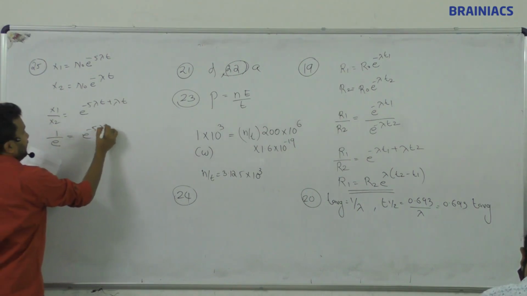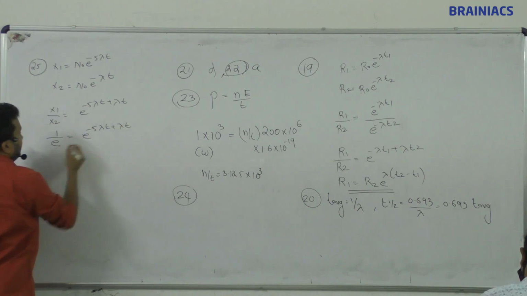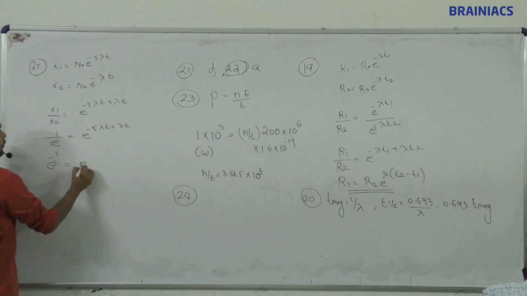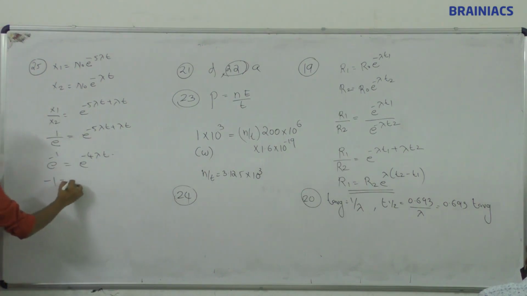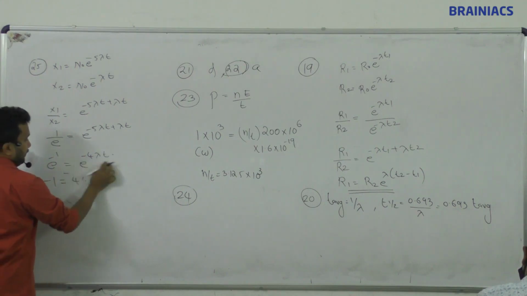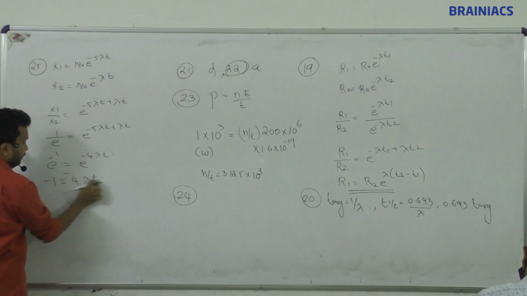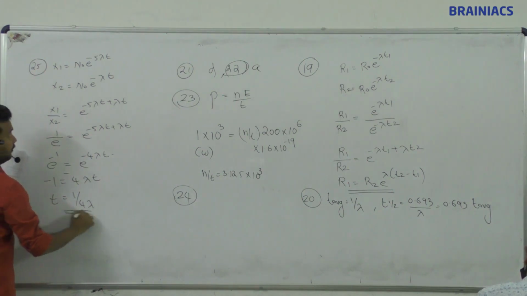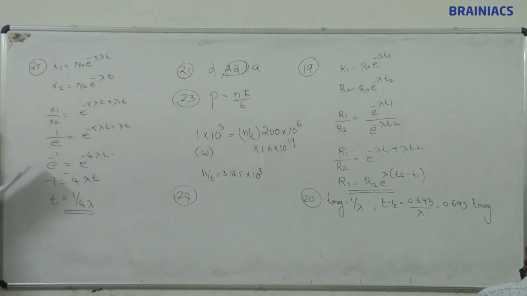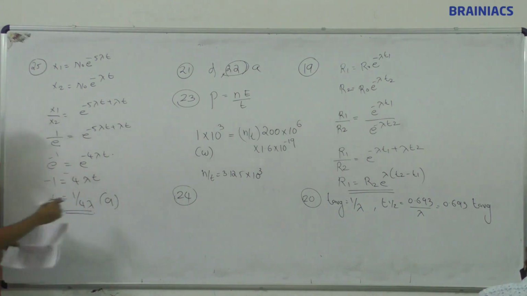So e power minus 1 equal to e power minus 4 lambda t. Minus 1 equal to minus 4 lambda t. So t equal to 1 by 4 lambda. 25th. Answer is option A.